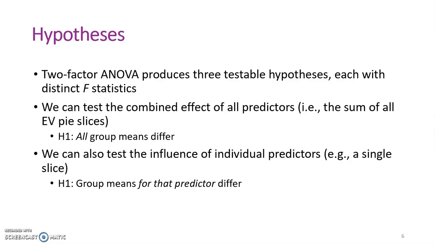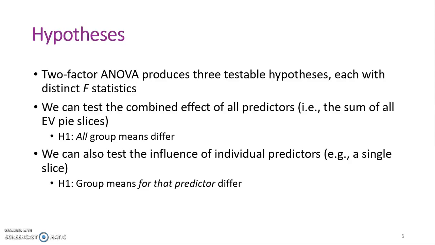And that would be the alternate hypothesis that all group means differ. So that would be categorizing groups by both gender and by type of video game, and creating the alternate hypothesis that all of those group means differ, or at least 2 of those group means differ, categorized by all of those groups.